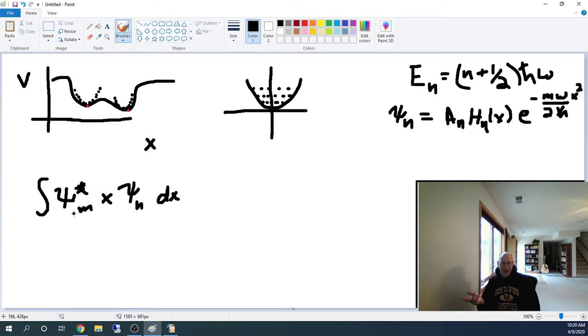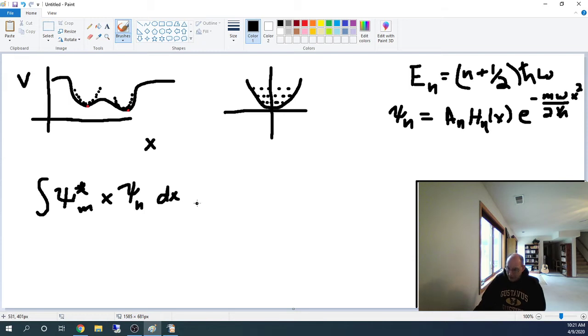Well, that's going to have to do with the radiation of a photon. So this is telling you something about the probability of the electron transitioning from state N to state M. And when it does so, it's giving up a photon in the process. So the question then is, what are the possible values of N and M that such a transition could occur for?